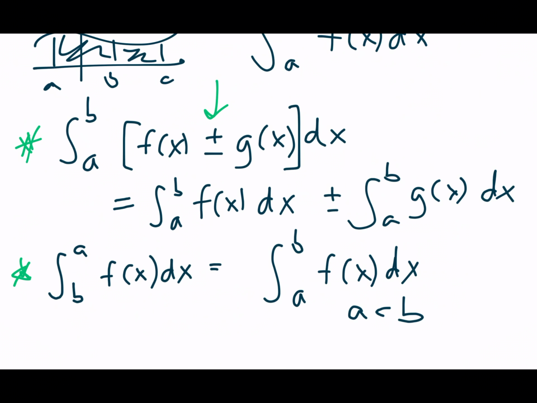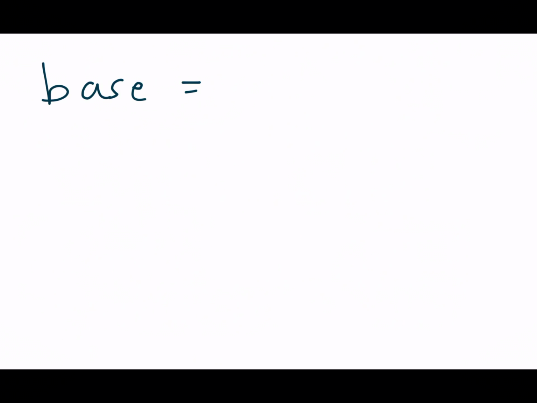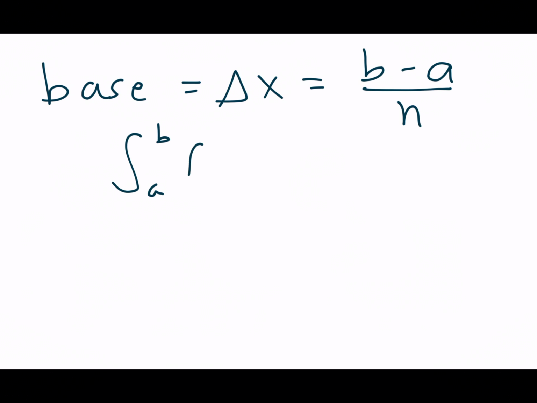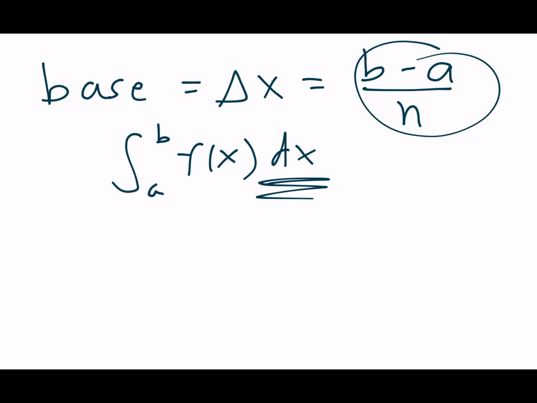The base, right? The bases of the rectangles we said measured delta x, right? And delta x we got by doing right endpoint minus left endpoint divided by the number of subintervals I use. Okay? And when we did that, we had the integral from a to b of f of x dx. Okay, and this dx comes from this.